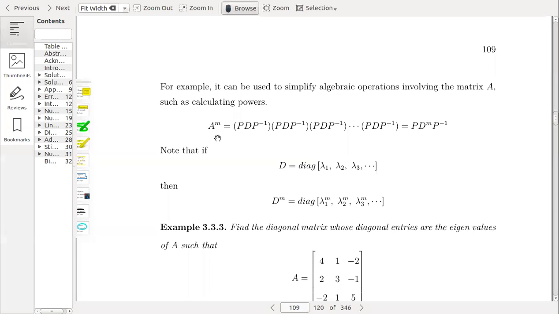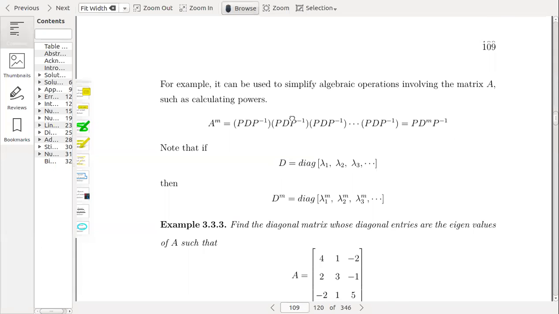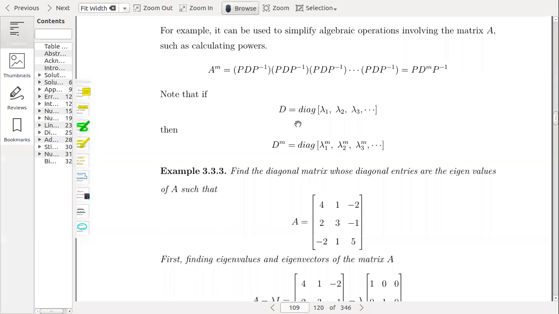So this can be written as P D P inverse times P D P inverse times P D P inverse, and so on m times. And what we get as the result is just the diagonal matrix D multiplied m times, because P and P inverse just multiply before and after. Note that if D is equal to diag(lambda 1, lambda 2, lambda 3, and so on), then D to the power m is equal to diag(lambda 1 to the power m, lambda 2 to the power m, lambda 3 to the power m, and so on).